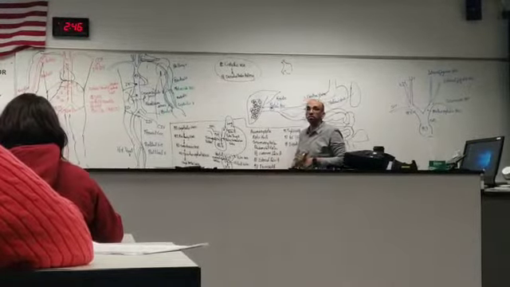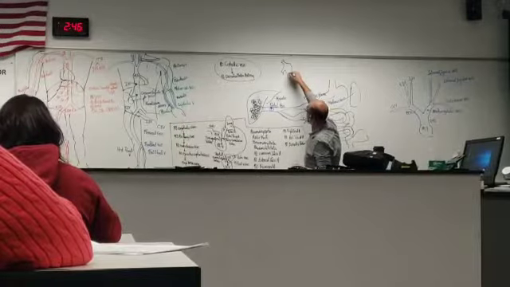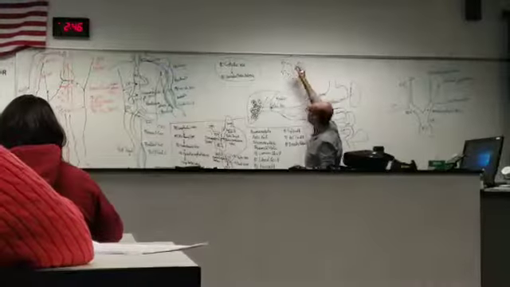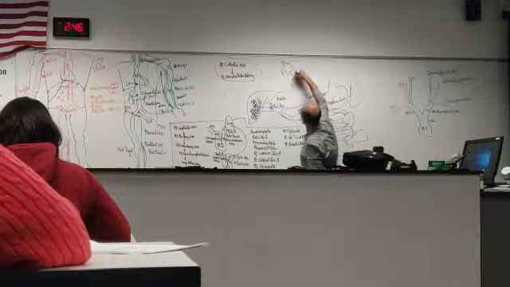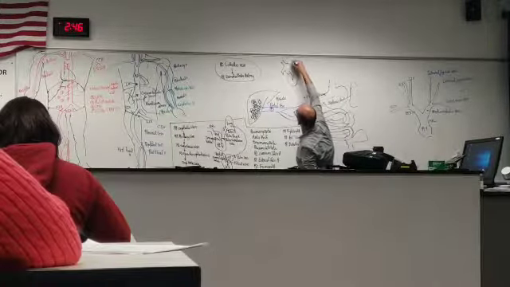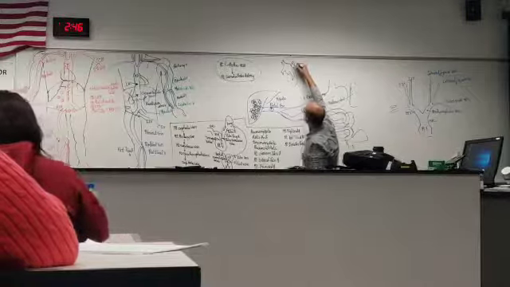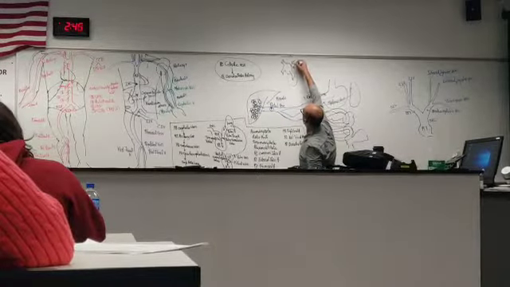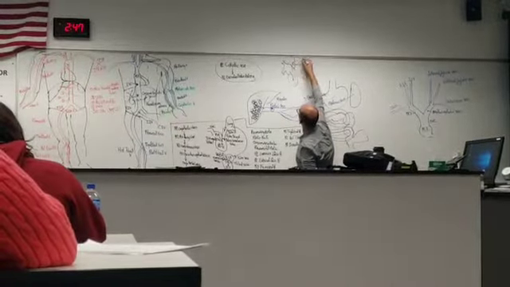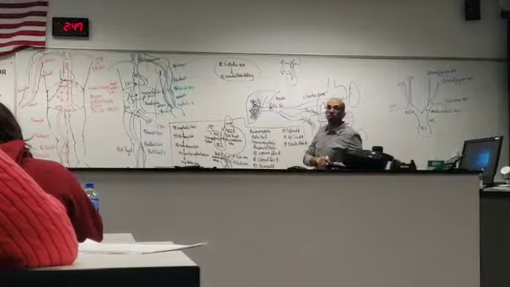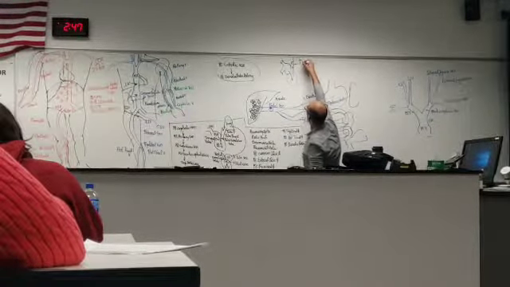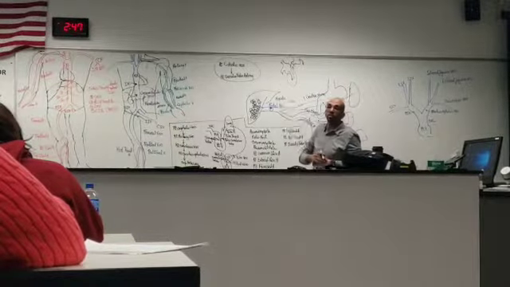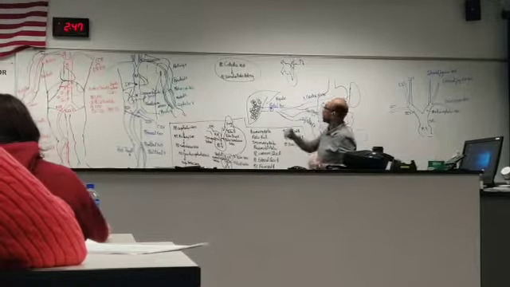You remember this? And then the right atrium drains into my right ventricle. Then the right ventricle is pumping the blood out to the lungs through the pulmonary trunk. And then the pulmonary trunk divides, do you remember, to the lungs.